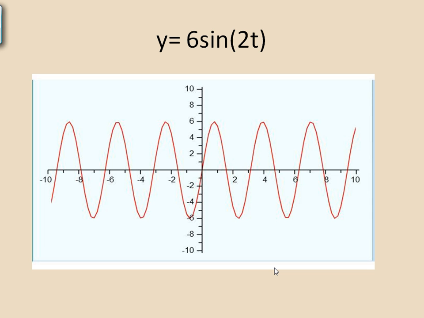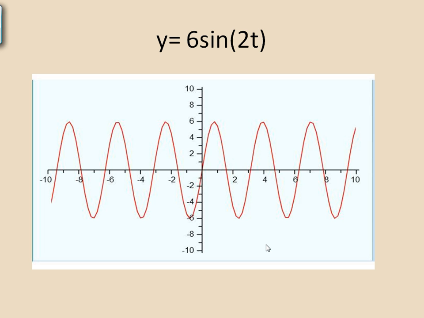Our new maximum is 6 and our new minimum is -6. 6 minus -6 is 12, divided by 2 is 6. So multiplying sine or cosine by a number is going to change the amplitude to that number. 1 was our baseline, and now since we're multiplying by 6, we have an amplitude of 6.